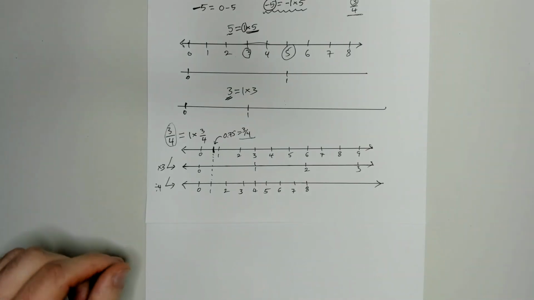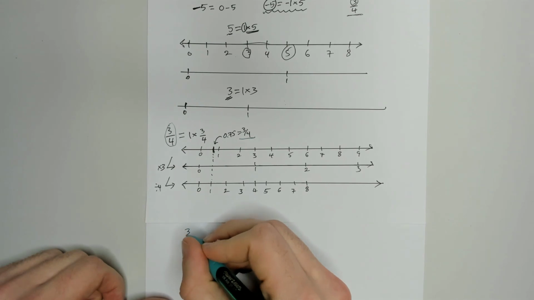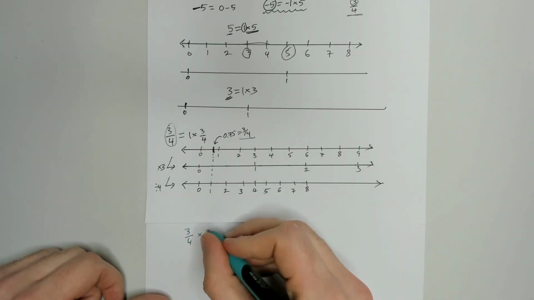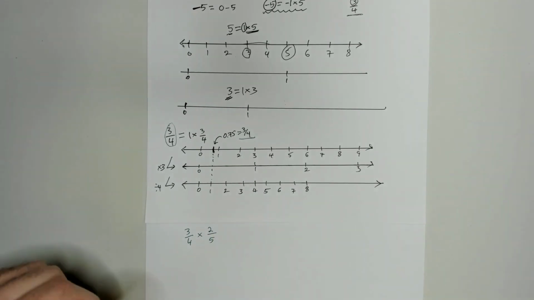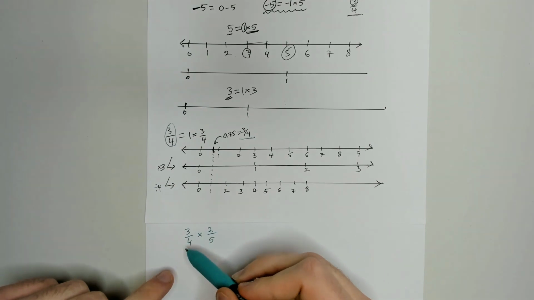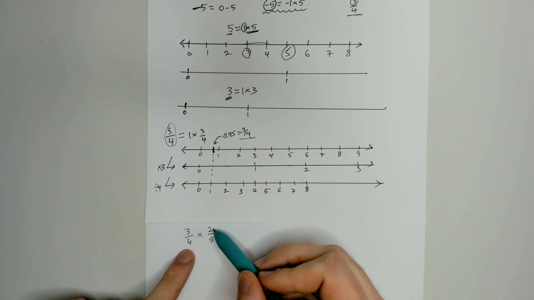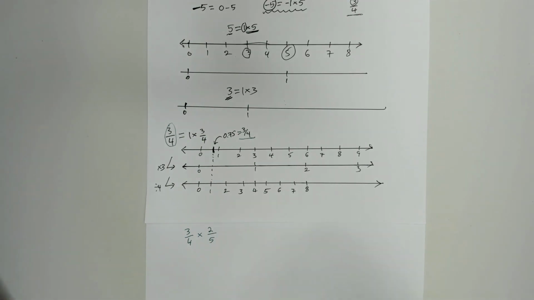But the reason I'm doing this all is because what if I take 3/4 and I multiply it by, let's say, 2/5? Okay, so one perspective I can take on this is that was the one we just did, right? We have 3/4, that's a spot on the number line. We stretch it by 2, divide by 5, and we get to our answer. But another thing we can do, and this I think ties in more nicely with what fraction multiplication is doing.